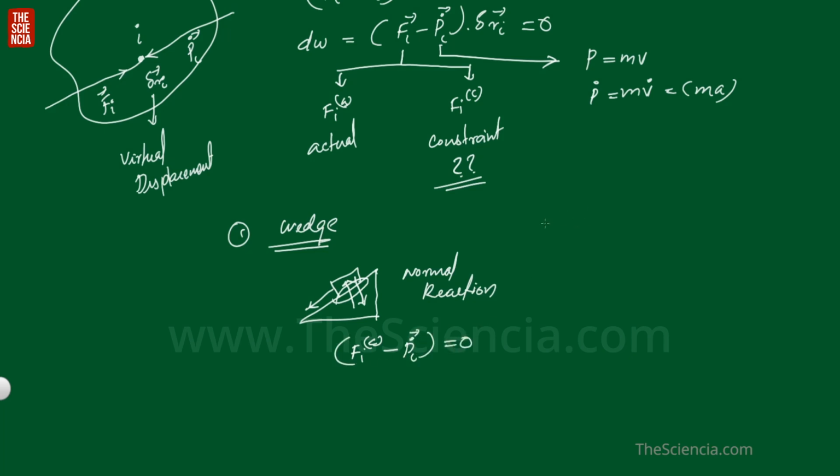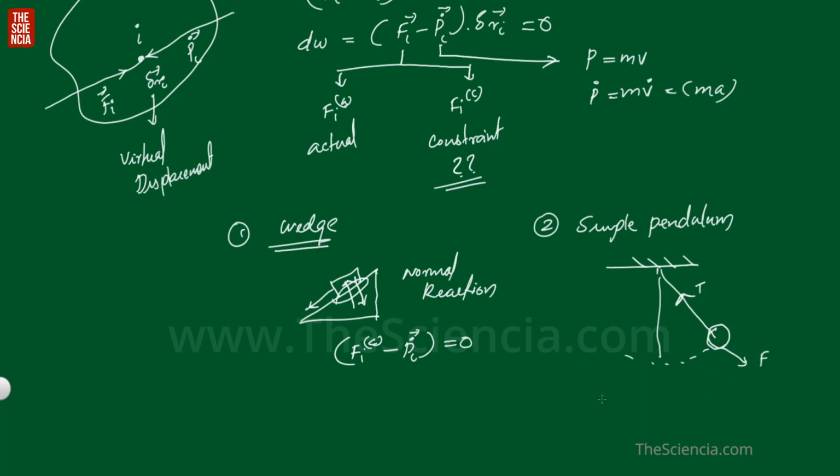And another case, a simple pendulum. This is our simple pendulum and it is oscillating like this. So this length is constant, and it is oscillating. Here there are two forces, one is the tension force and there is a counter force in this direction.